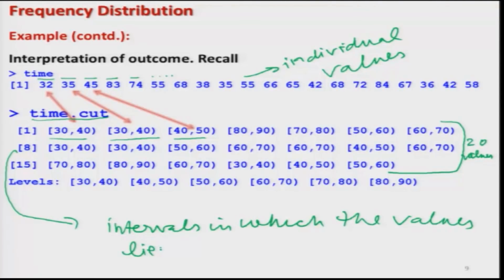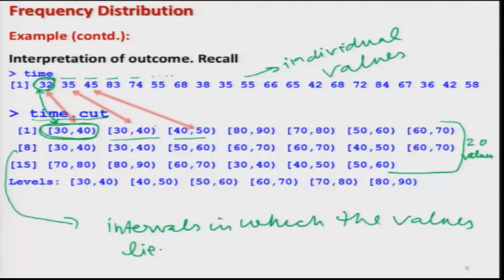For example, suppose I take this value 32, my first value, and what is the first value in the variable time dot cut? This is 30 to 40. So, this indicates that the value 32 is lying in the interval 30 to 40.